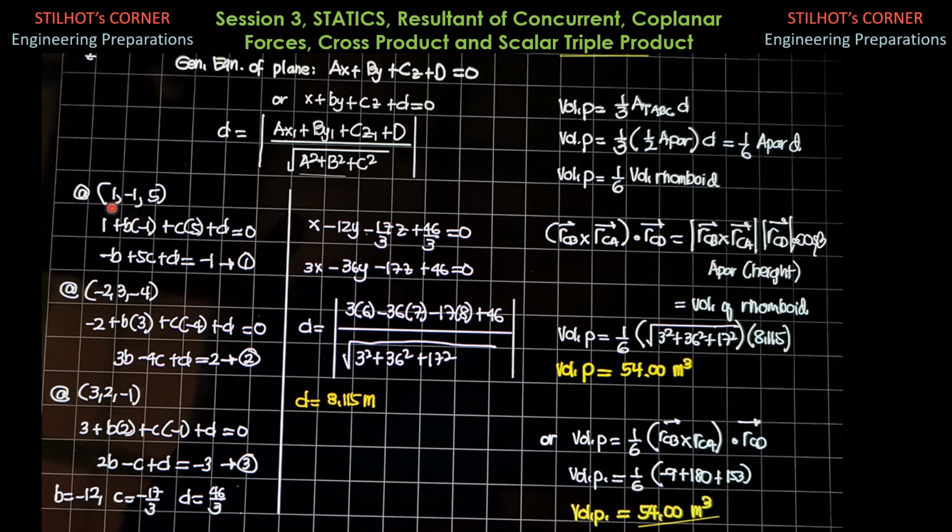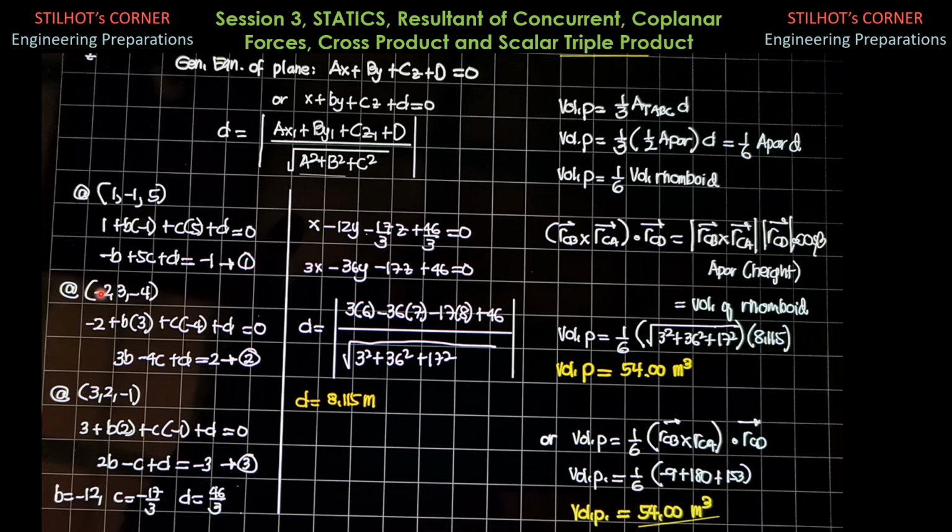So first at the point 1, negative 1, 5, this is at A, substitute into this equation here. So x is 1 plus b times y, negative 1, plus c times 5 plus constant d equals 0, simplifying, negative b plus 5c plus d equals negative 1. Call that equation 1.